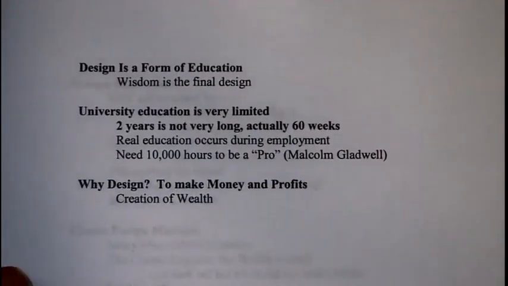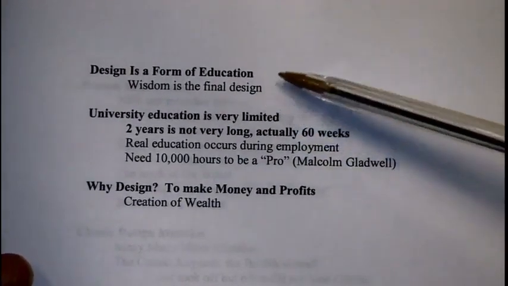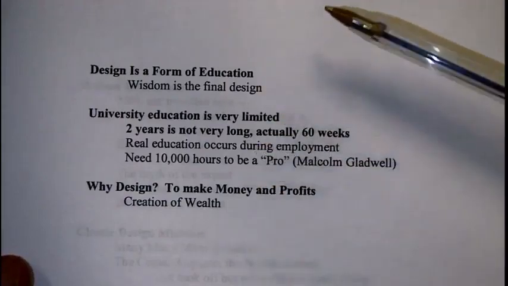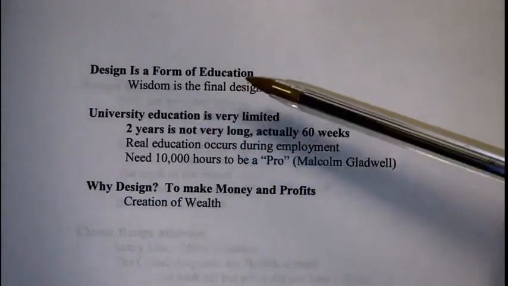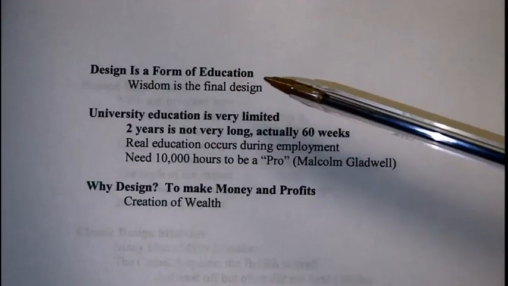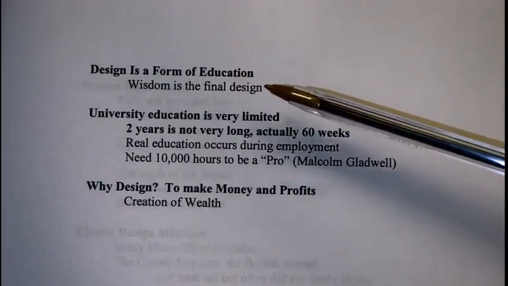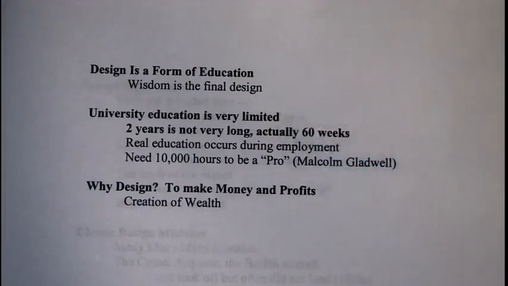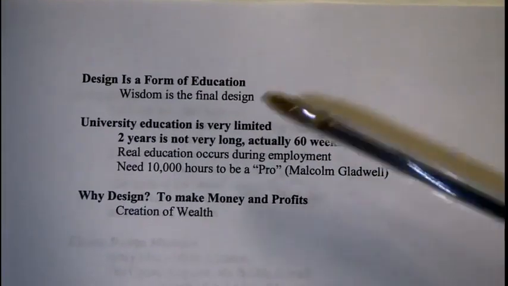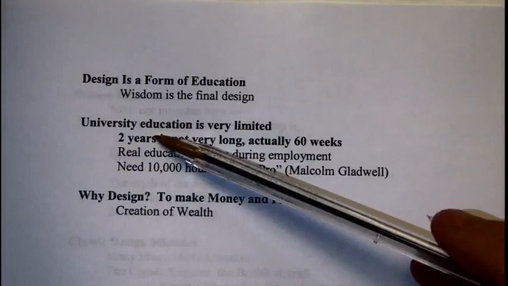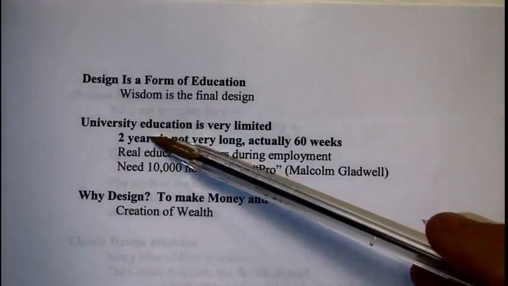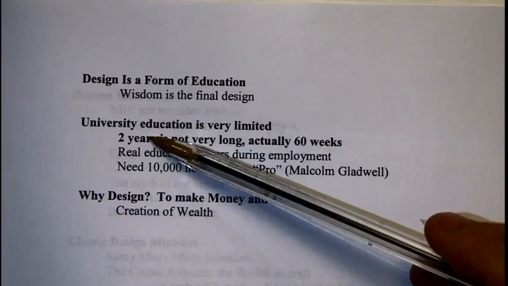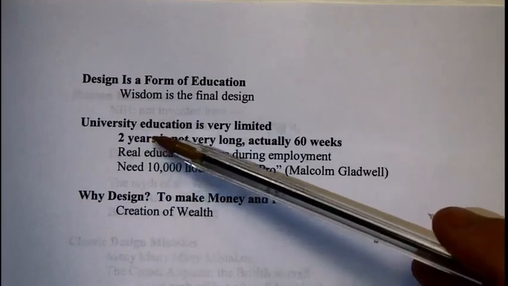So, in a sense, design is a form of education, right? If you take a look at the university education, it's extremely limited. The first 2 years are taken up with calculus and what I would refer to as light courses, English.